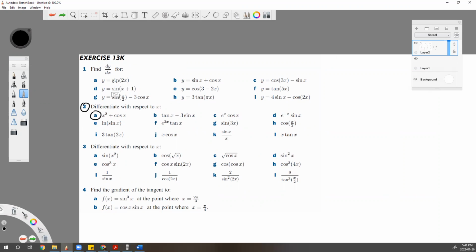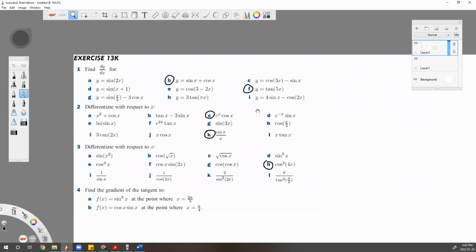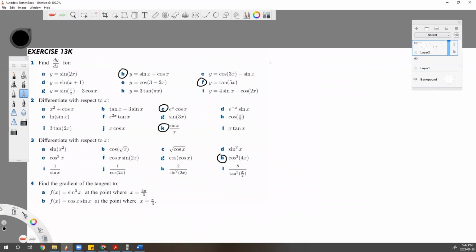Okay, number 5, 1B, from the simplest to the hardest.